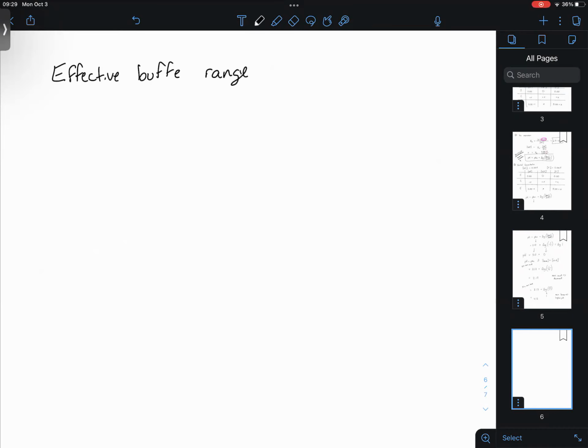Outside of this buffer range, right? So again, effective buffer range. That is when the pH is the pKa plus or minus 1 unit, right? That's the effective buffer range of a buffer.